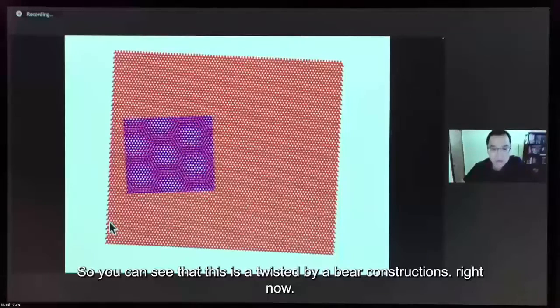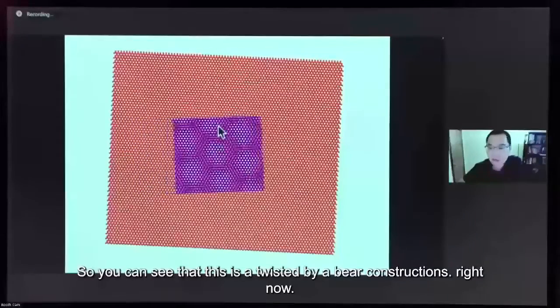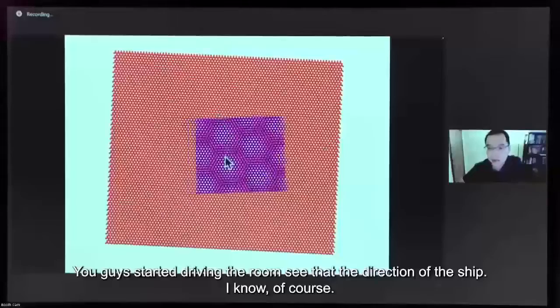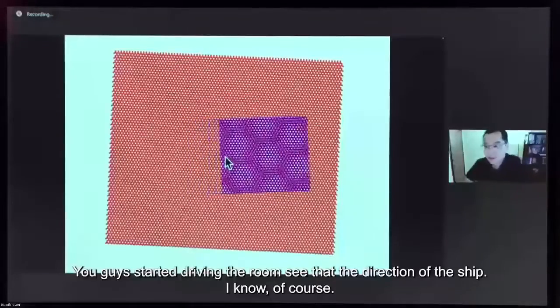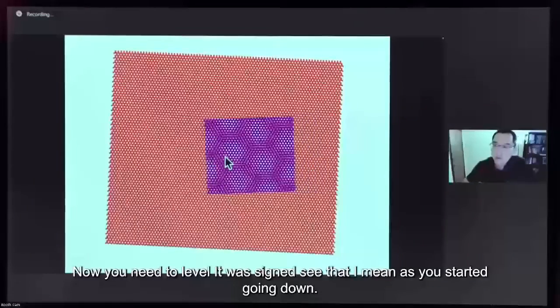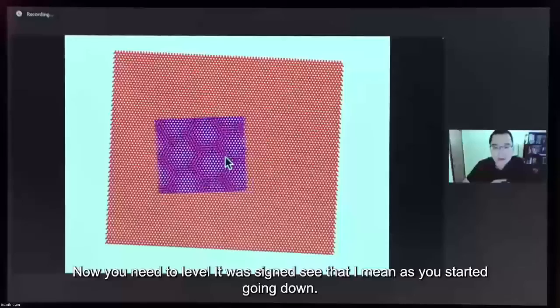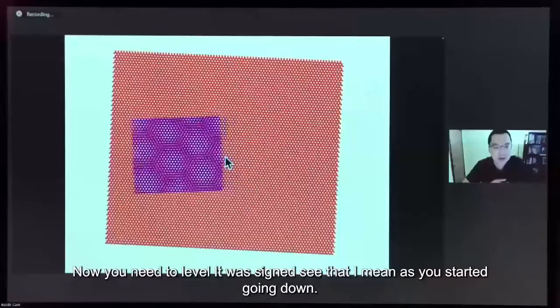Now, if I start dragging the blue, let's say the top layer is blue, to the left, you can see that this Moiré pattern is actually moving up.